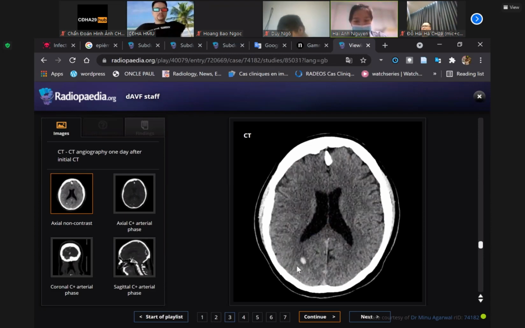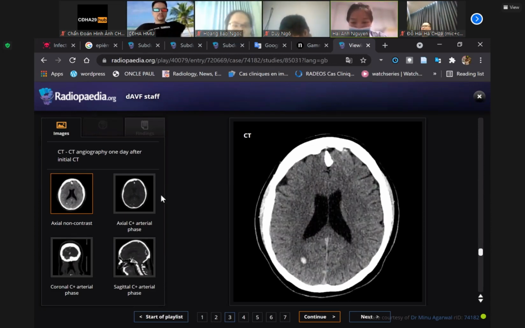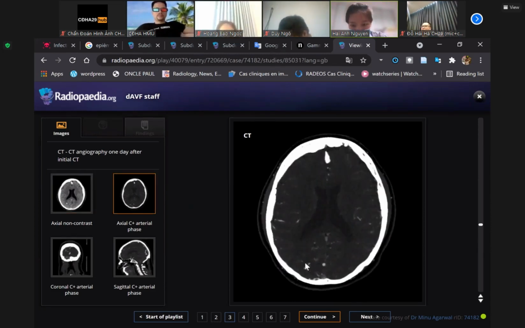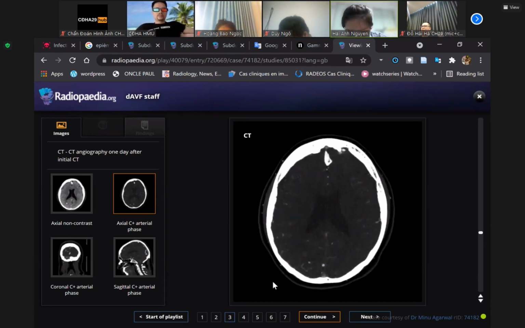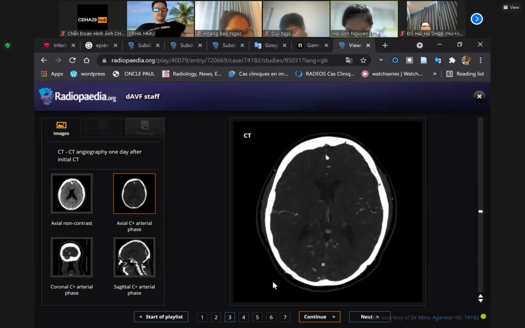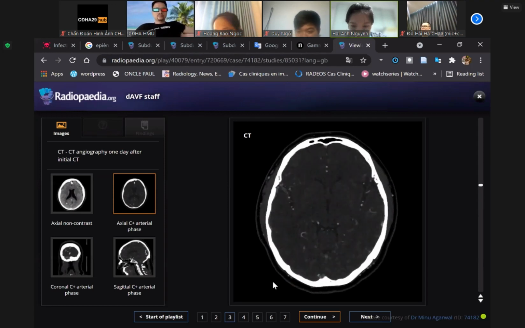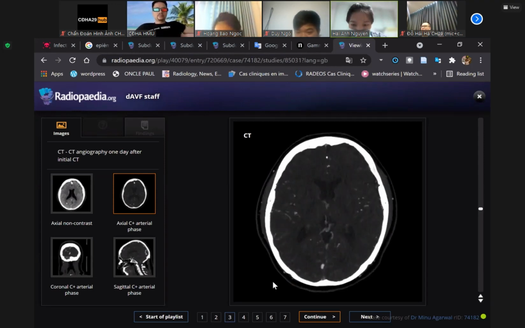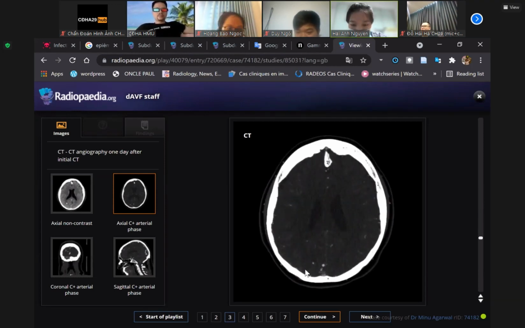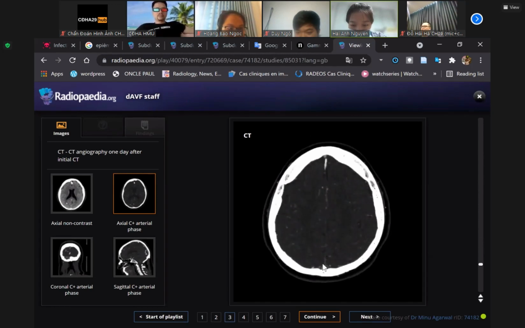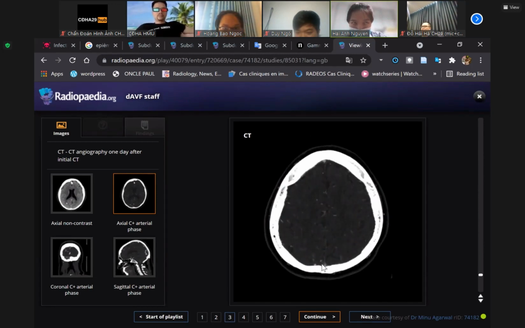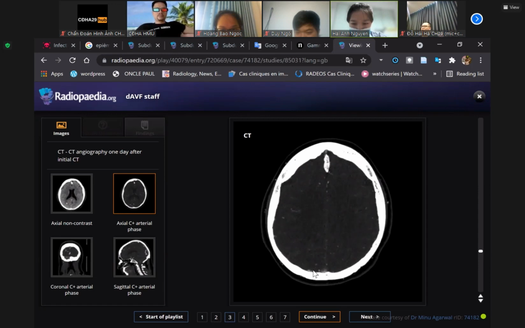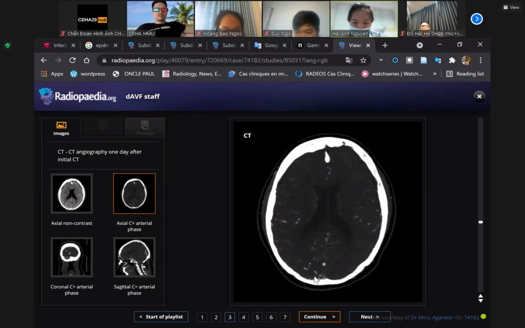There is an intraparenchymal hemorrhage, and after contrast, we could confirm the dilated vessel in the dura and even in the parenchyma.